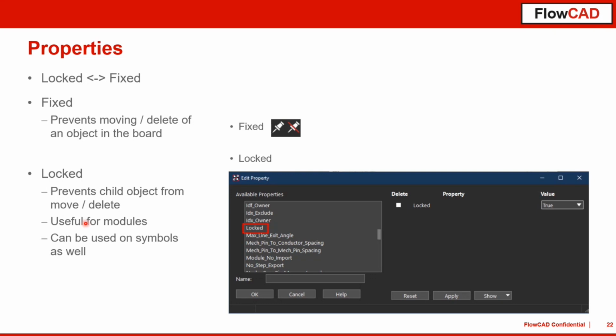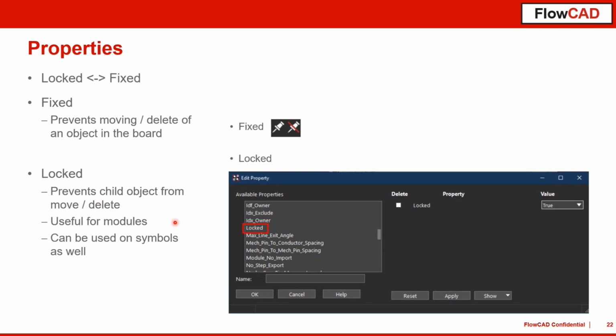This prevents destroying some things. This is especially useful for modules, because imagine you have designed a module and want to use this in different boards, so then the module should be somehow locked to not destroy the module by mistake when it's used in a different board.